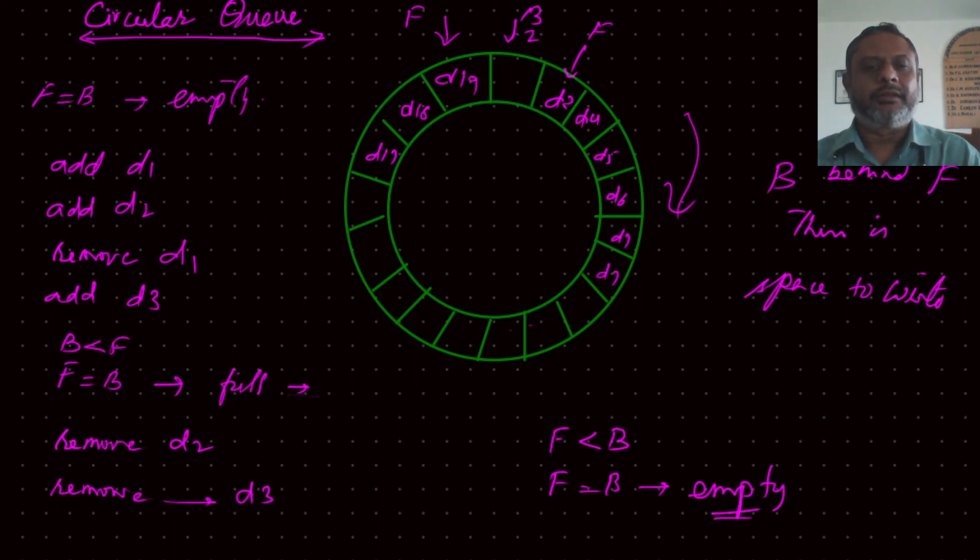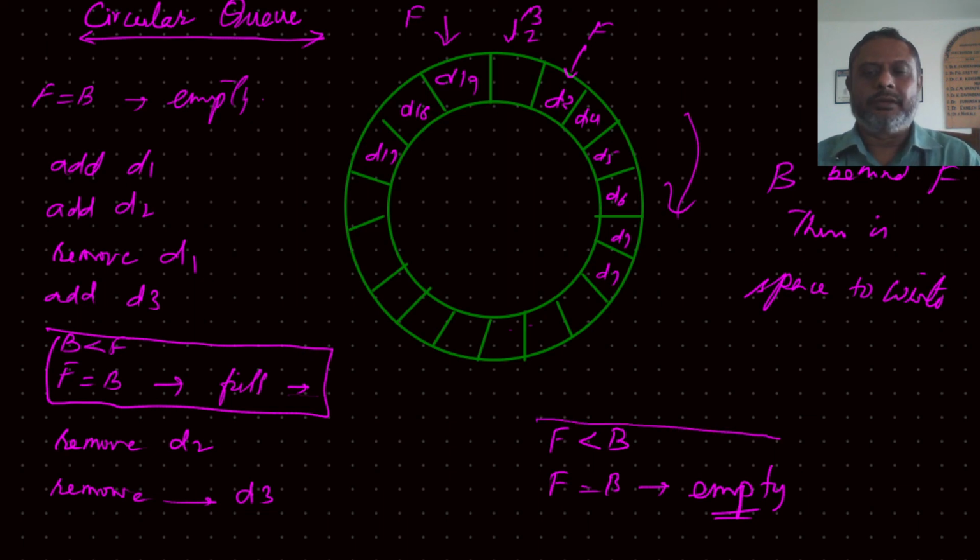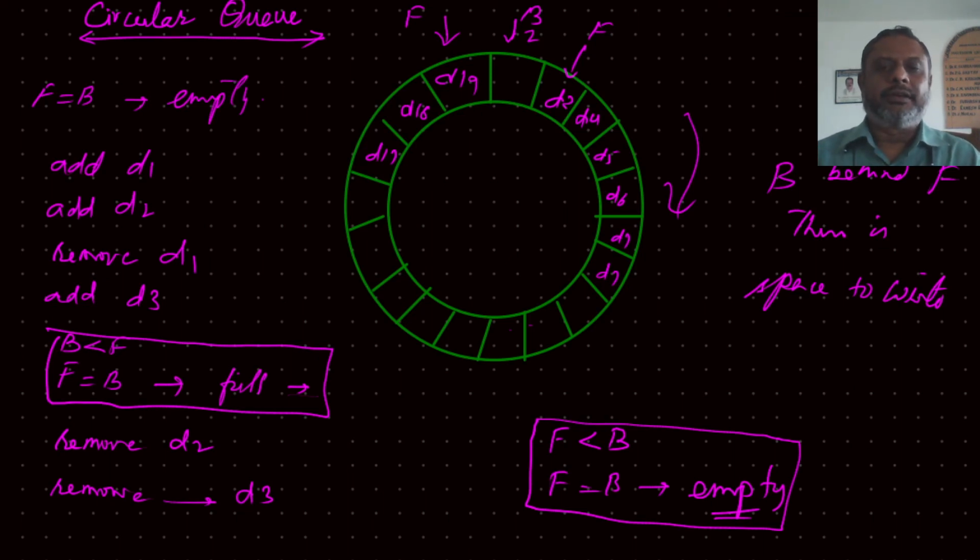So these are the possibilities. One step before, B was less than F, the next step B equal to F, then the queue is full. And in the other case, one step before, F is behind B, and after that operation, F is equal to B, so that talks about emptiness. So that's about a circular queue.